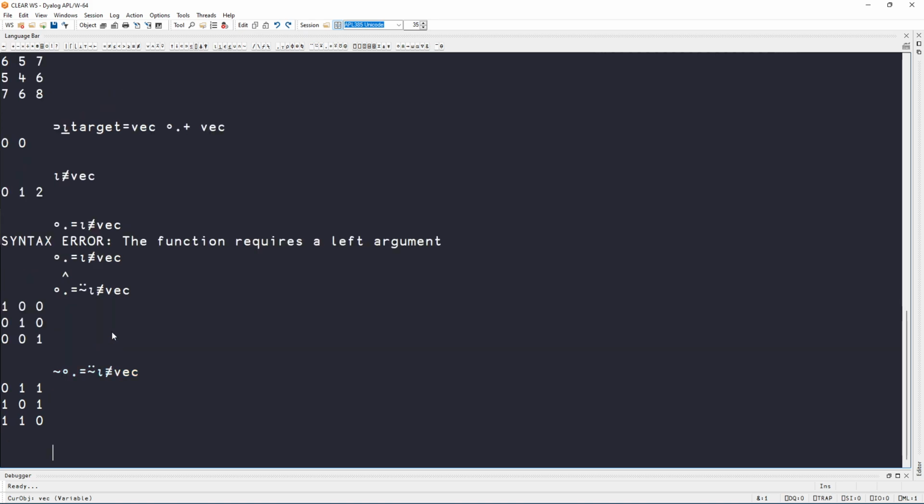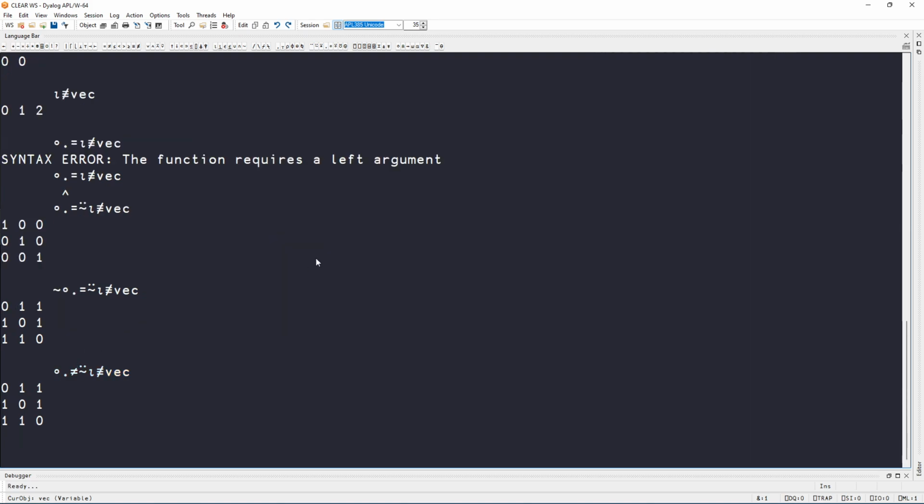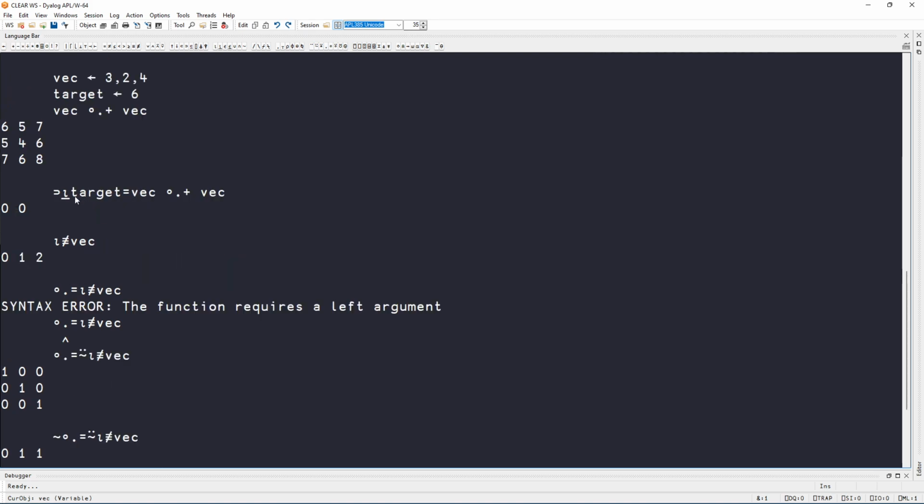So we can negate this, or maybe easier would be to do an outer product with not equals, and now we want to use this mask to mask out the values that we can use.